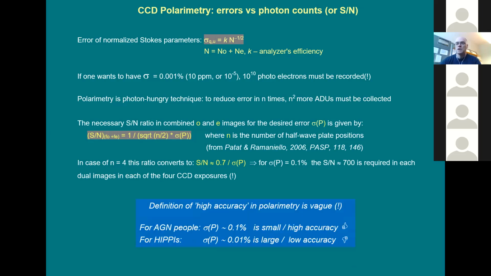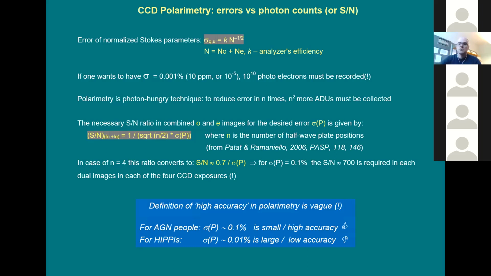I must mention that there is no widely accepted or commonly accepted definition of high accuracy. Different researchers from different research groups may assume very different things when they say high precision measurements. For example, for most of the AGN people, if a sigma P is, let's say, 0.1%, the error is small and the accuracy is high.